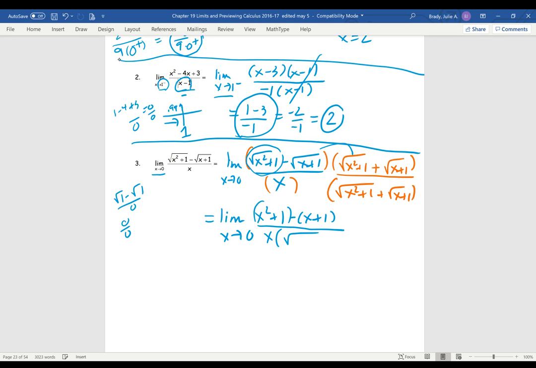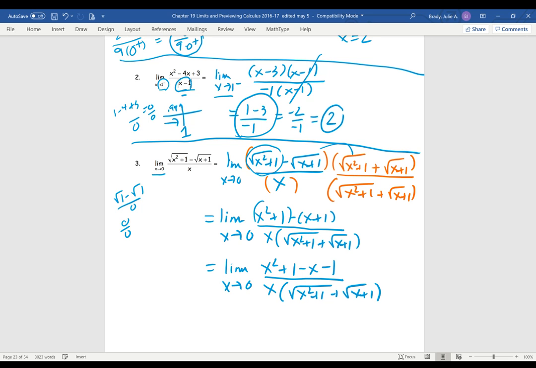We'll keep this in parentheses because we're going to hope that we can get that x to reduce out. Okay, so let's see what we got. We got the limit as x goes to 0 of x squared plus 1 minus x minus 1, over x times all this hot mess.